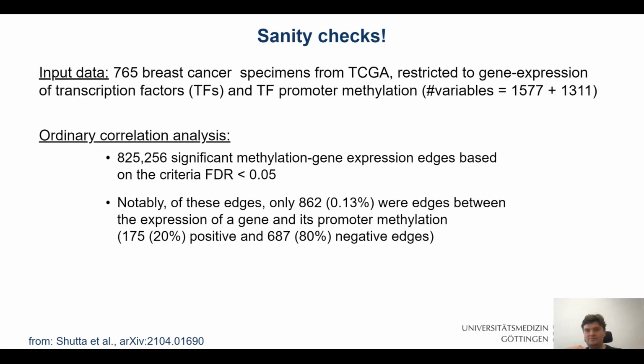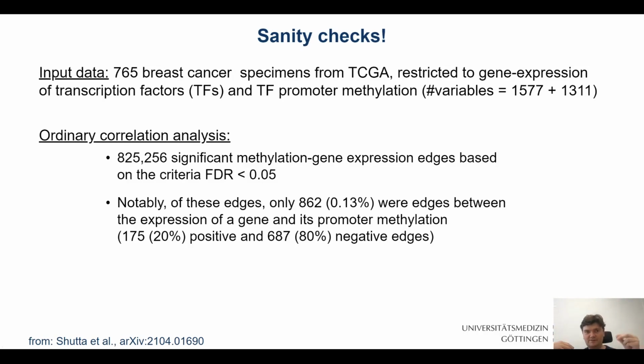In total, we obtained more than 800,000 significant associations with a false discovery rate below 0.5, basically indicating there are a lot of dependencies and associations, but as I said, those might be a lot of indirect ones. Also importantly, just a minor proportion were edges between the expression of a gene and its own promoter methylation, which is what we supposed to be the dominant effect.